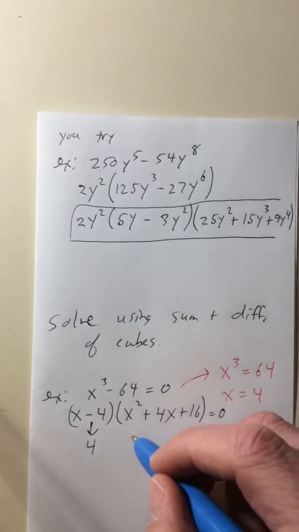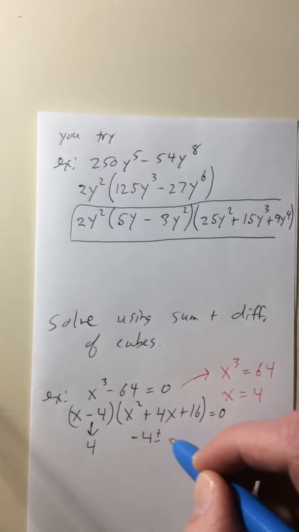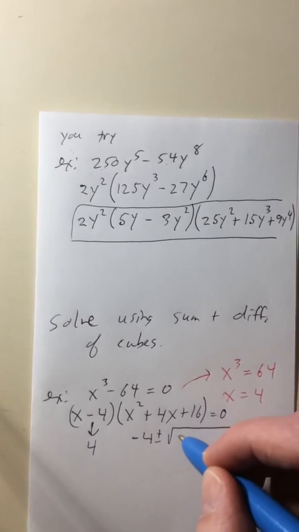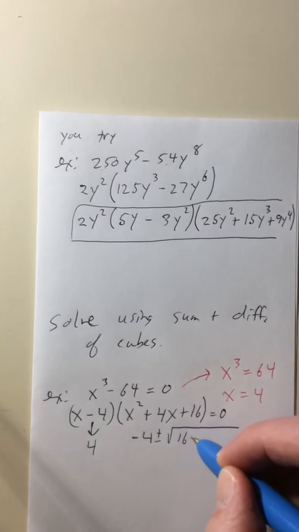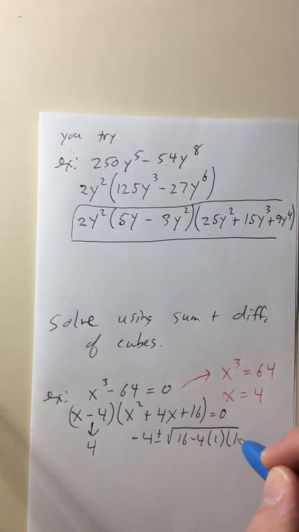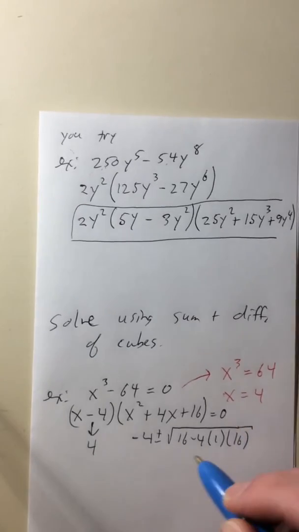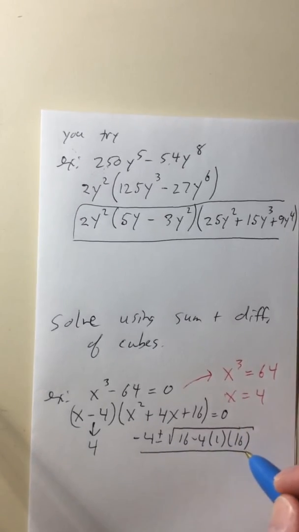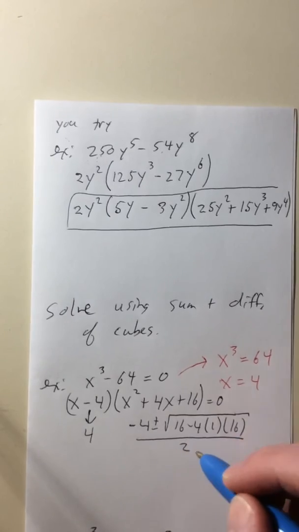So we're going to jump right into this. We got negative 4 plus or minus the square root of 4 squared, or 16, minus 4 times 1 times 16, all of that over 2.